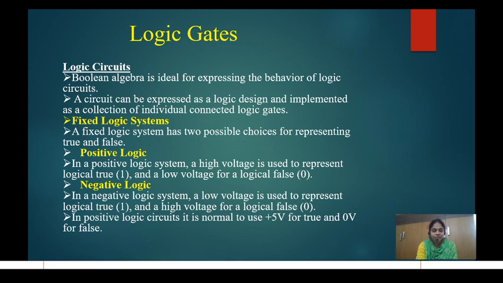Positive logic represents binary values by logical true for high voltage, that is 1, and low voltage by logical false, that is 0. Negative logic represents low voltage by logic true 1 and high voltage by logical false 0.